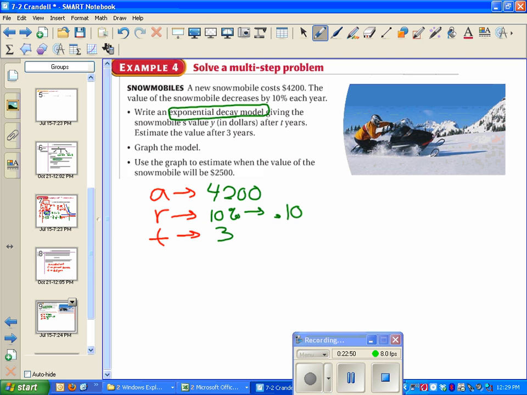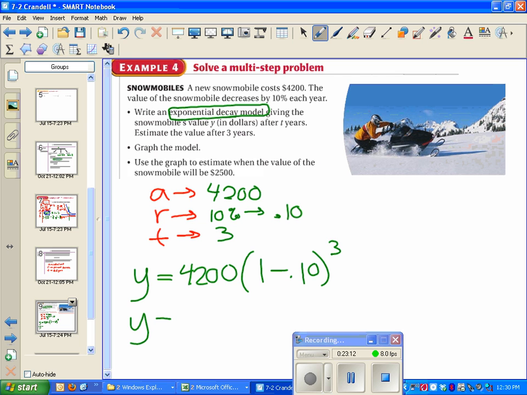That's our first step. So we're going to put all of that in the formula we just wrote down. So y is going to be equal to 4,200 times 1 minus my percent decrease, raised to the third power for the number of years.